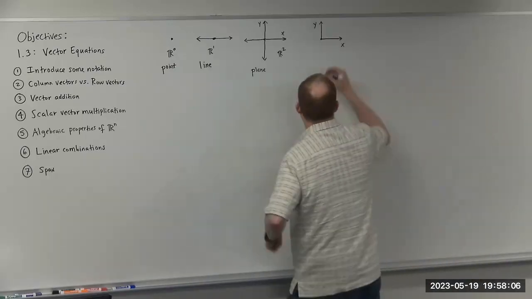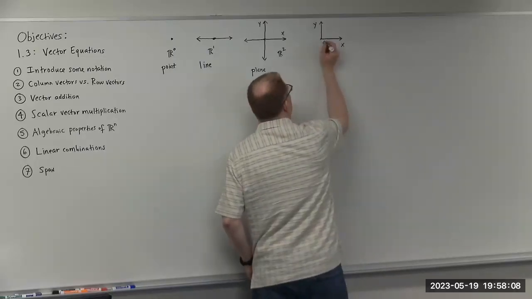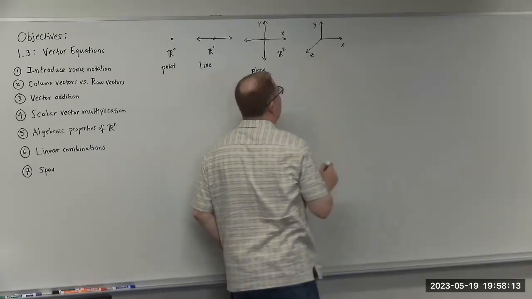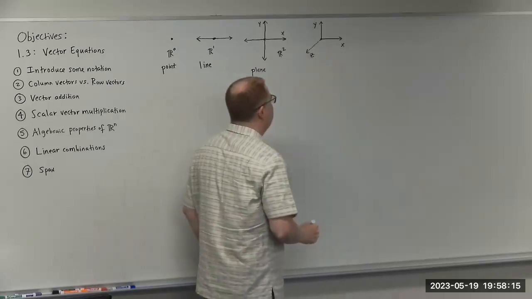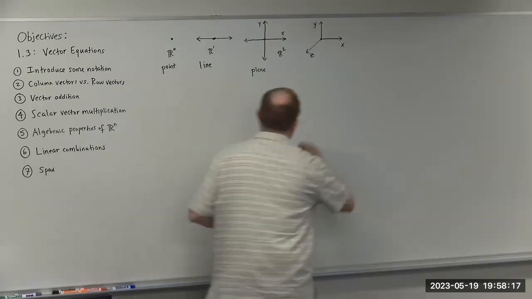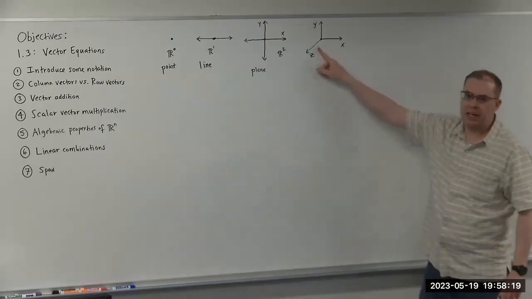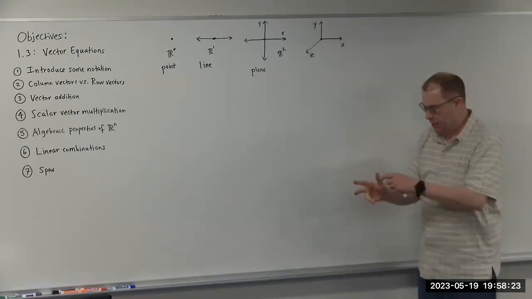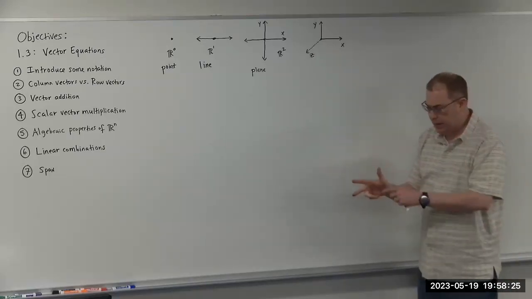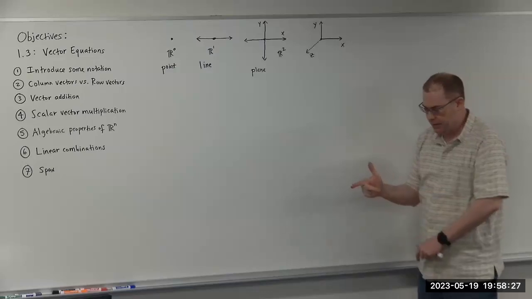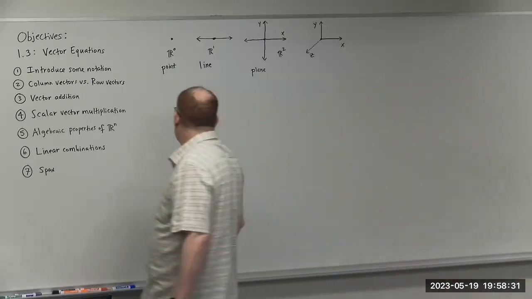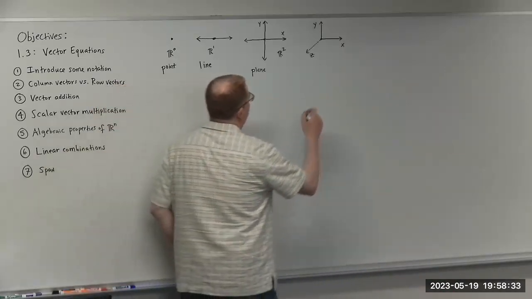I'm going to denote that as a dashed line here, and we're going to call it Z. Pretend like this is facing out towards you. So you have X and Y, and then Z is like that. This is denoted by R^3.